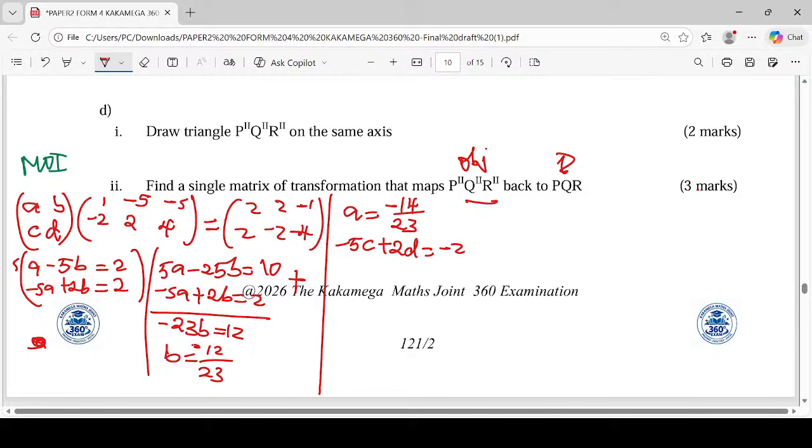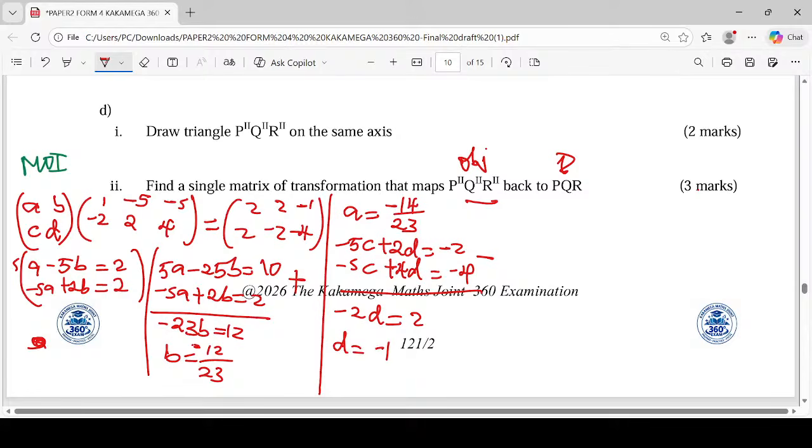Then negative 5C plus 4D is equal to negative 4. This one here you subtract directly. When you subtract, the C's will disappear. Then you have your 2D minus 4D. This is negative 2D is equal to negative 2 minus 4, which is positive 2. Therefore, D is equal to negative 1.